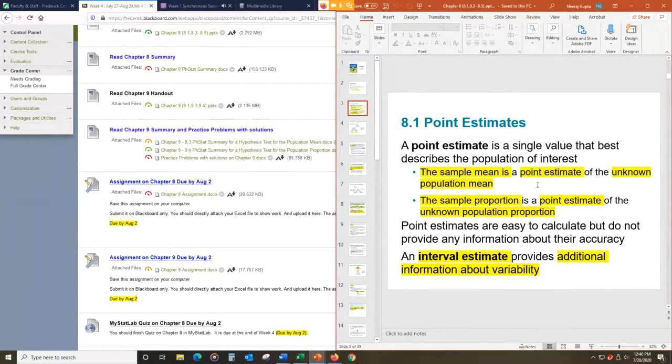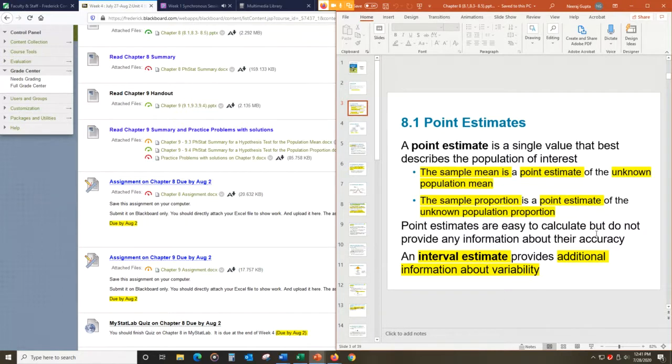Why is it called a point estimate? Because it is just one single number. If we are estimating population proportion, we will be estimating that from our sample proportion. So that sample proportion will be our point estimate. Again, it is called a point because it is just one value.